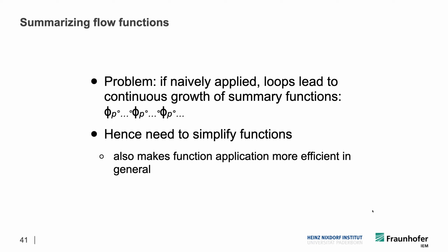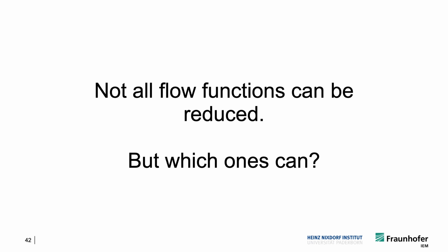Because if you have functions that are not expressed through large terms, but are reduced to some conveniently small normal form, that also makes applying these functions more efficient, of course. But the problem is that not all flow functions can be reduced. But the question is which ones can. And that I want to explain to you next.